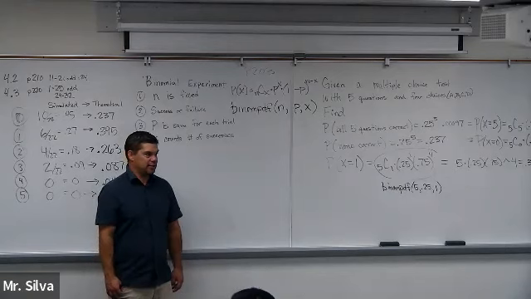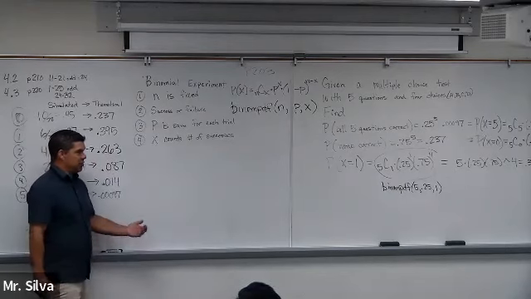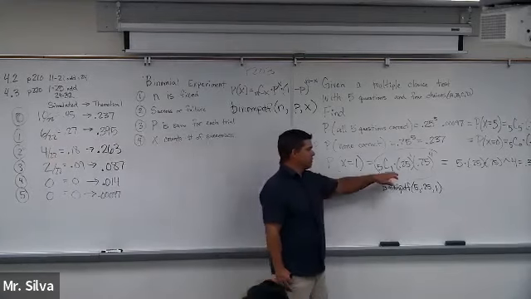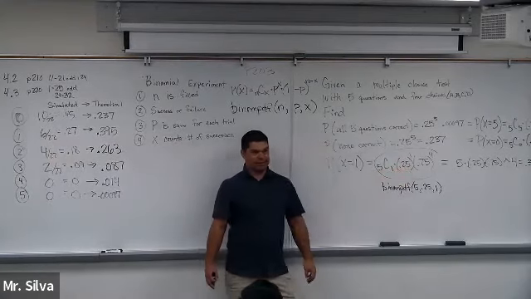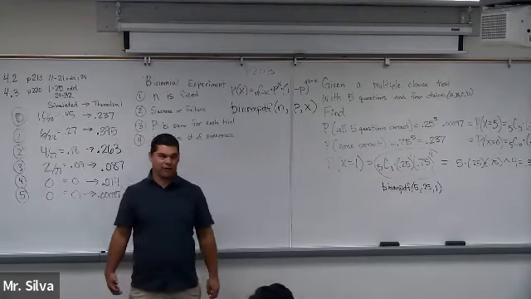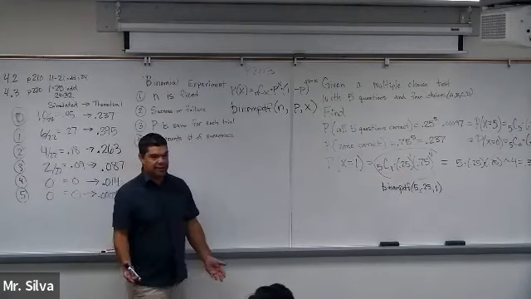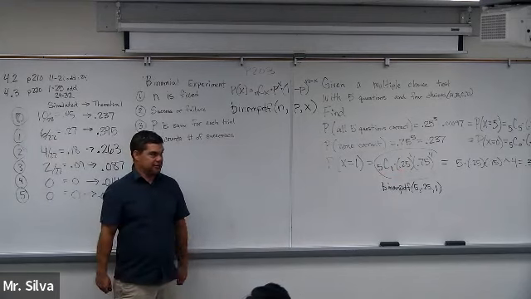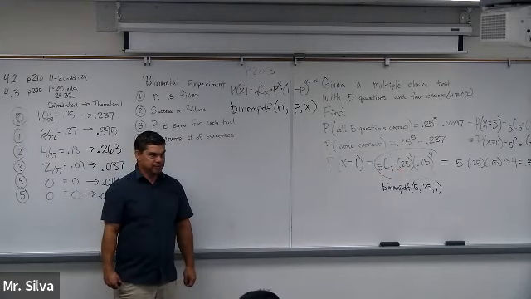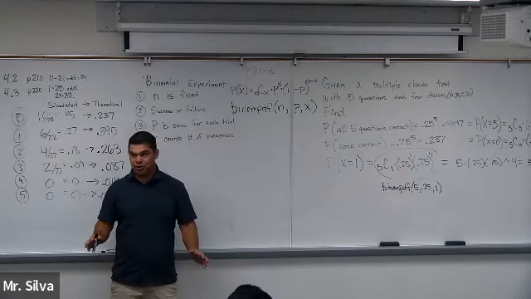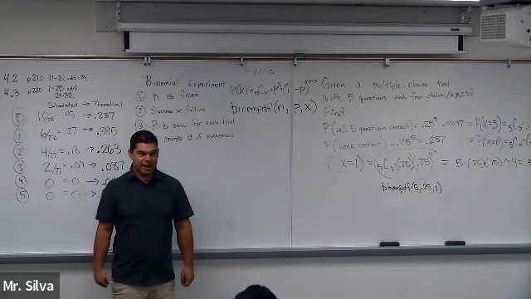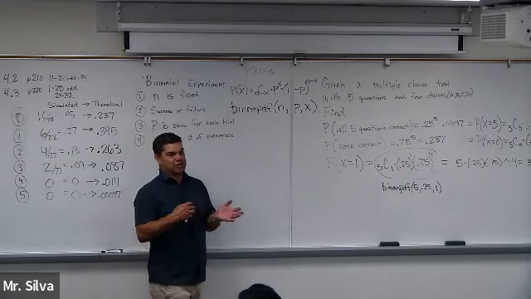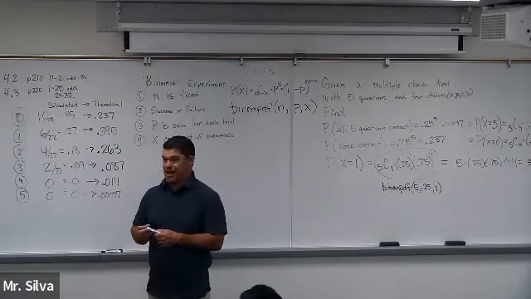N is 40, P is 0.25, X is 25. You calculate that theoretical probability. That's if you guess on every problem, which pretty much proves that if you guess, you're not going to do very well.